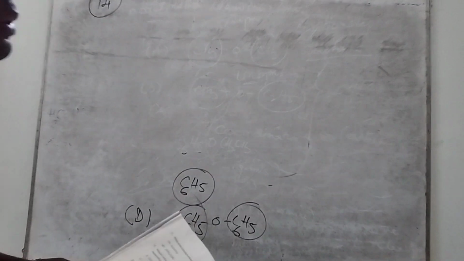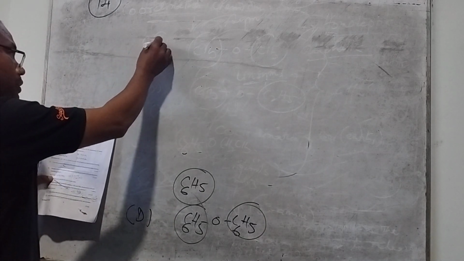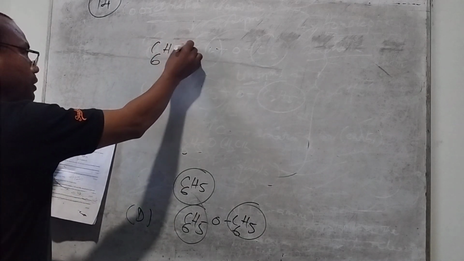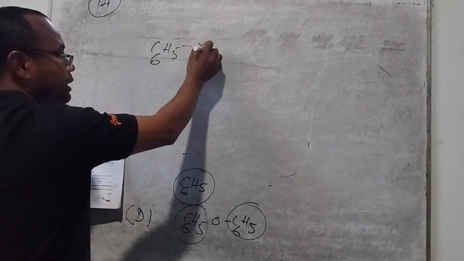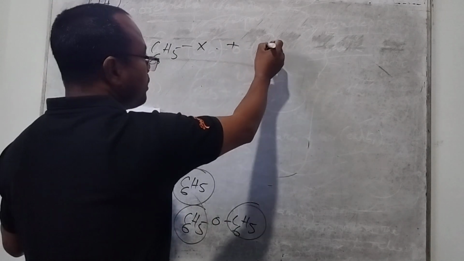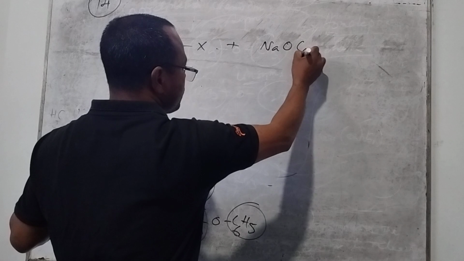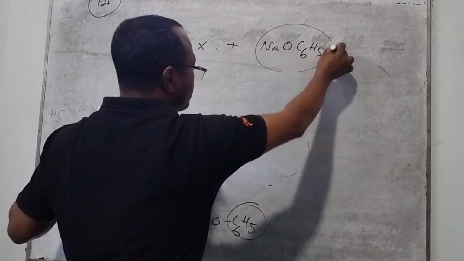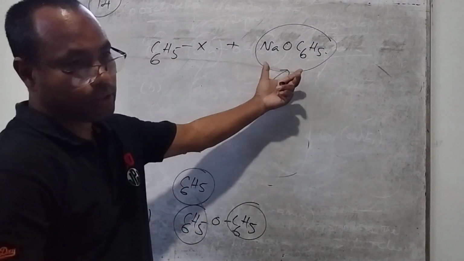See, how do we write Williamson synthesis here? One of the compounds is C6H5 with a halogen, let me write X, plus another one, it should be Na oxygen C6H5. For this case, it's no problem, right?